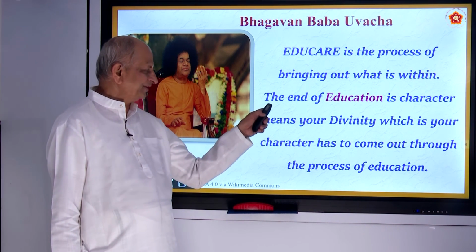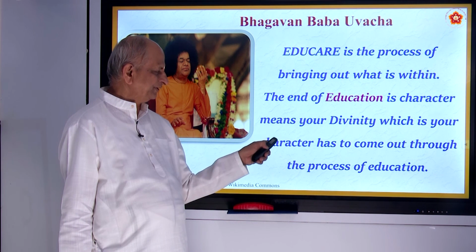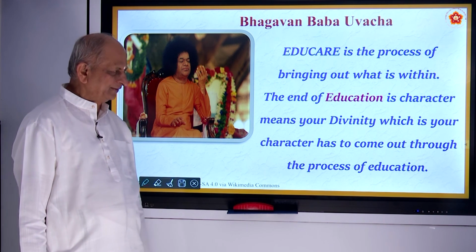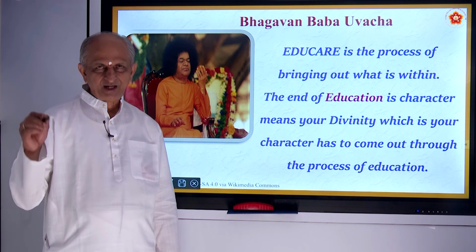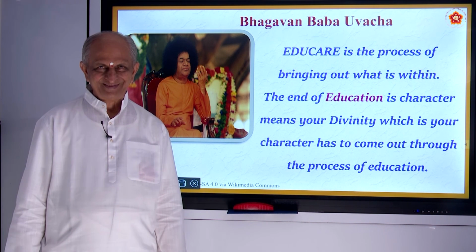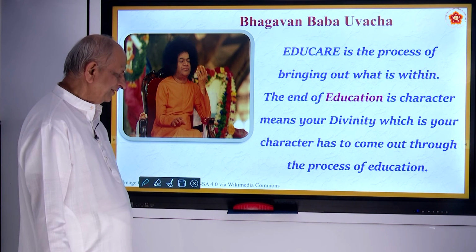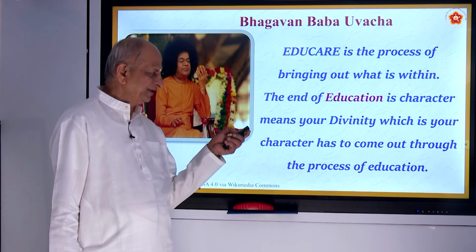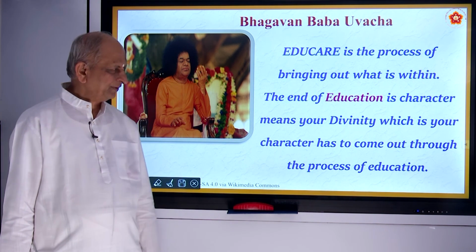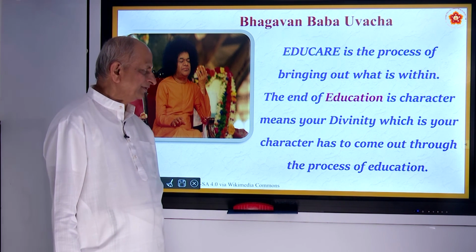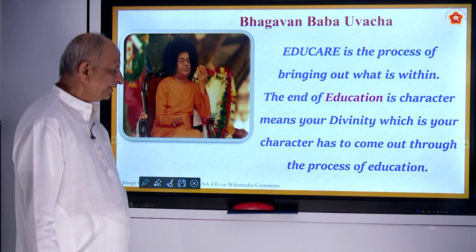So the end of education is character, means your divinity, which is your character, has to come out through the process of education. Sa vidyaya vimuktaye. Correct? So by education we have to realize our divinity and we have to get a good character. Okay? So that is what Baba says.